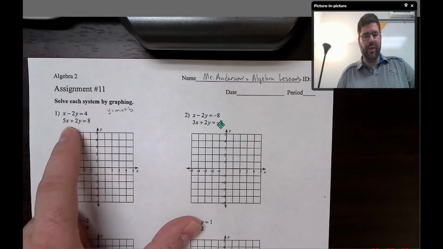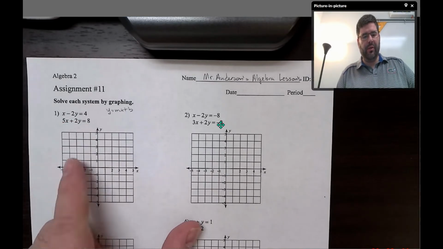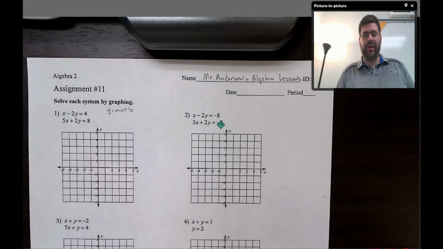So I'm going to turn each of these into that, and then we're going to graph each line, and where they cross is the solution to both of the equations.